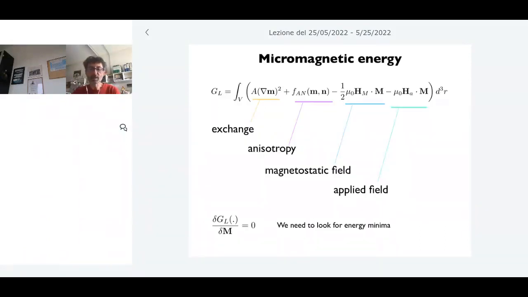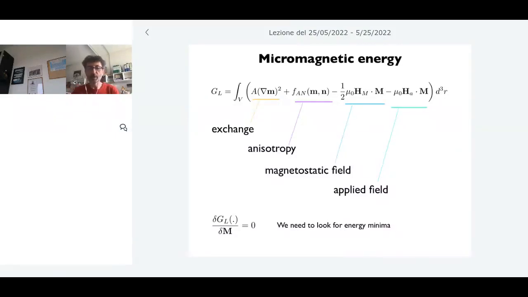Okay, so let's go back then to the mathematical formulation. As we said, we want to write this energy, but then what to do? We simply take the exchange energy term, the anisotropy energy term, and two terms that come from Maxwell equations, put them together, and we write what is called the micromagnetic energy functional.